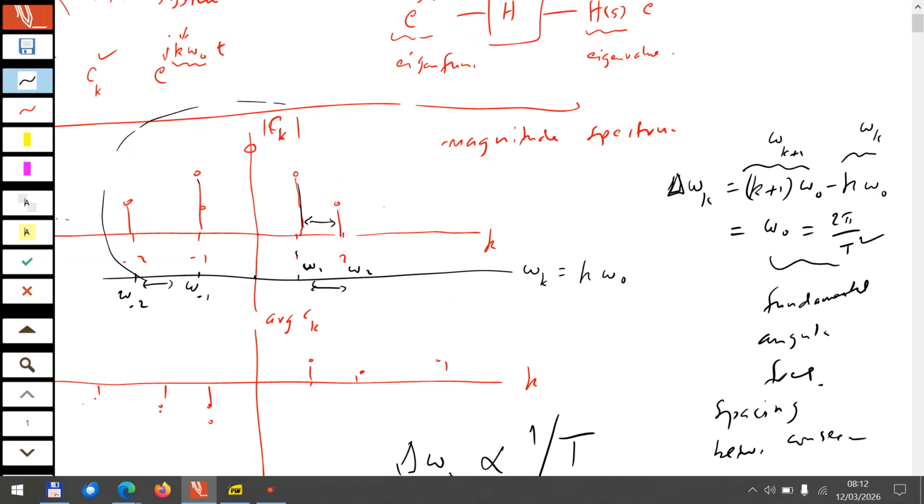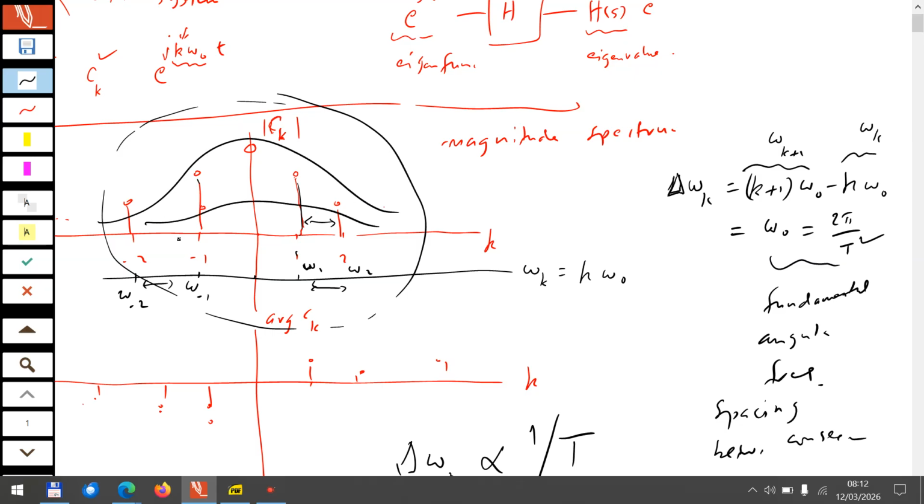How will this plot look for an aperiodic function? Think about it. It will be a continuous function because there will be no gaps. All the gaps will become zero. But how will it look? Of course, we know it's continuous, but is it continuous like that, or like that?